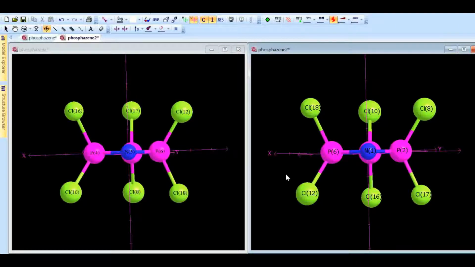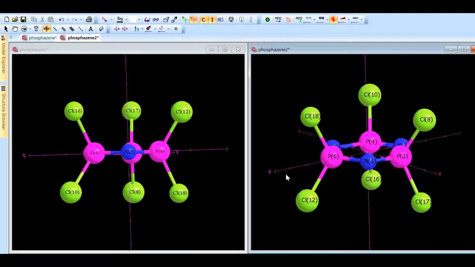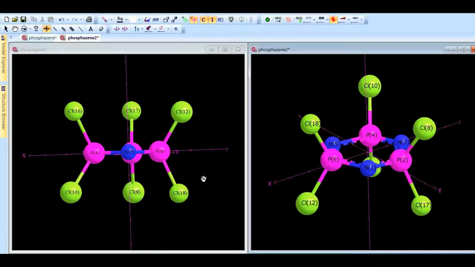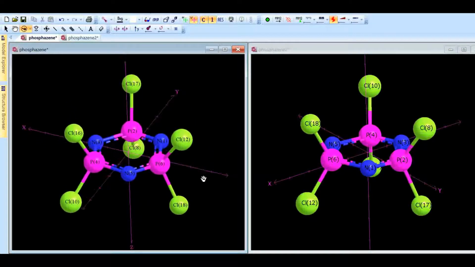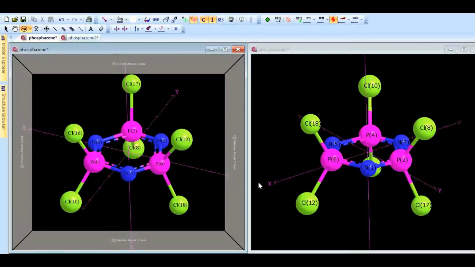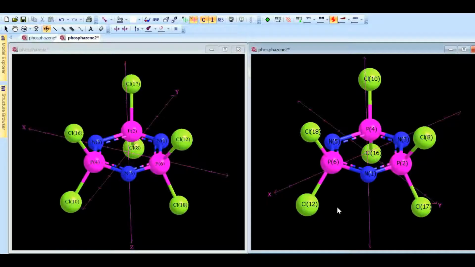If you are not sure, I will tilt it a little bit. See, I am showing it like this now. The same thing I will do over here, and see, they look the same. So that is your S3 operation performed on phosphazine.